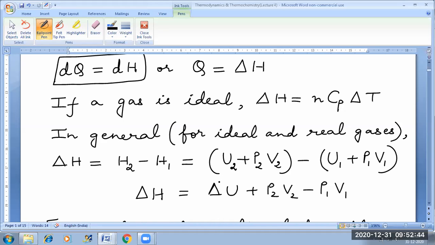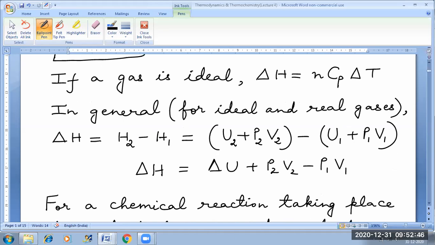Yes, you can write delta PV also. But if values of pressure and volume are given, then you will have to write P2 V2 minus P1 V1. So delta PV is nothing but this quantity, P2 V2 minus P1 V1.